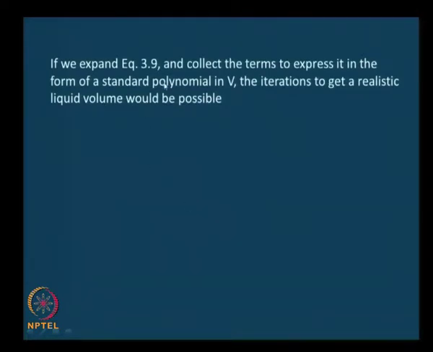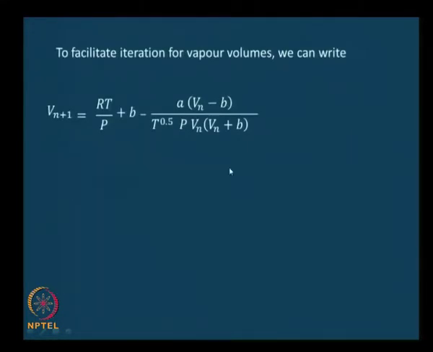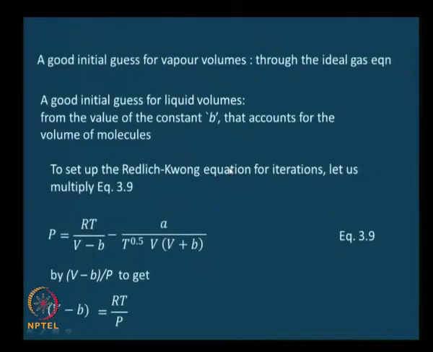If we expand 3.9, we had, 3.9 was this, P equals RT into V minus B minus A by T power 0.5 V into V plus B. Now, reduce this side to a common denominator, then cross multiply here and so on and so forth.